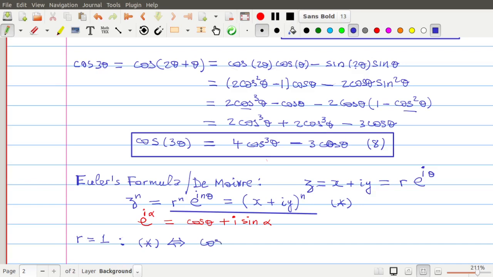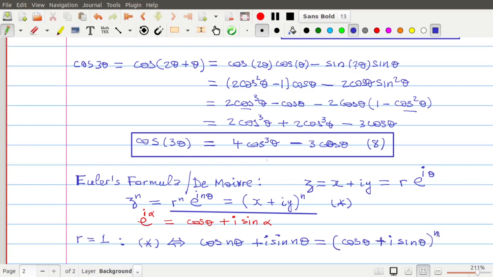So we have cosine n theta plus i sine n theta is equal to this expression. Now, what is x? If you recall the expression of x, we saw that x is cosine theta, and y is sine theta.